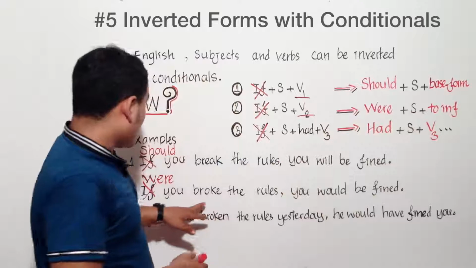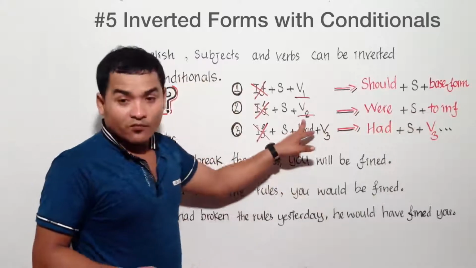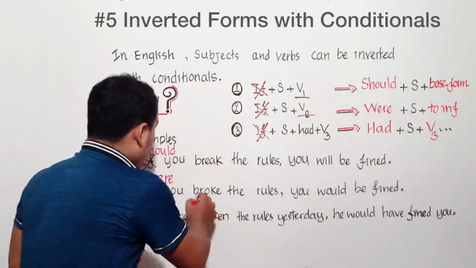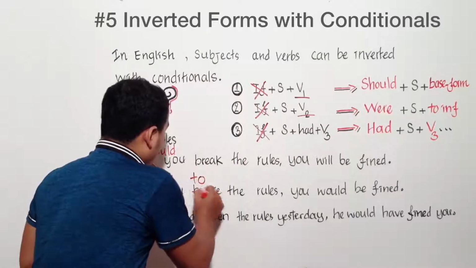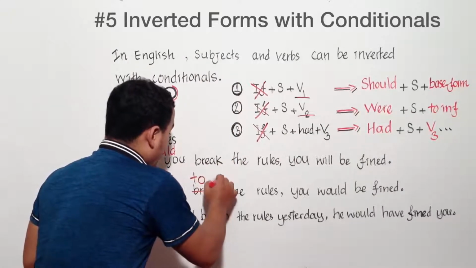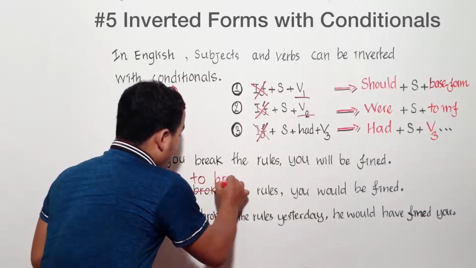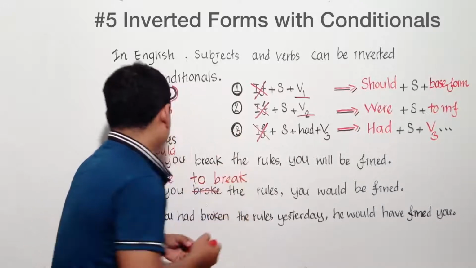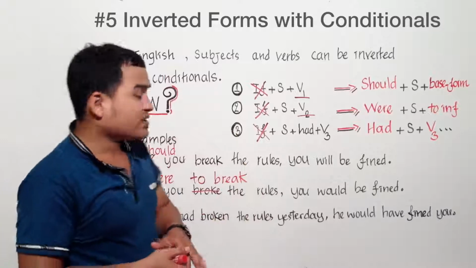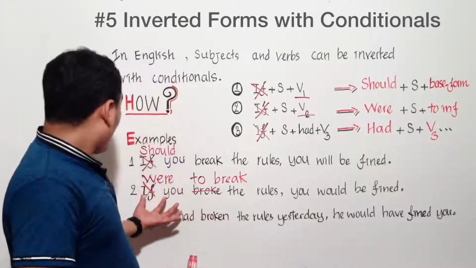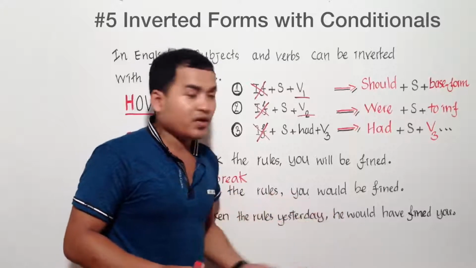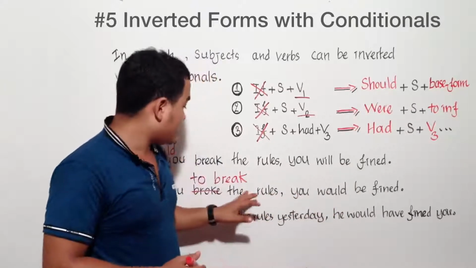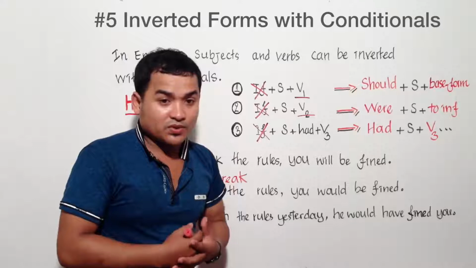All right, so the word broke here is verb 2, so we change broke to infinitive, then to plus base form, right? So broke is going to change to break. So the complete sentence reads, were you to break the rules, you would be fined. Right? Here is example number 2.